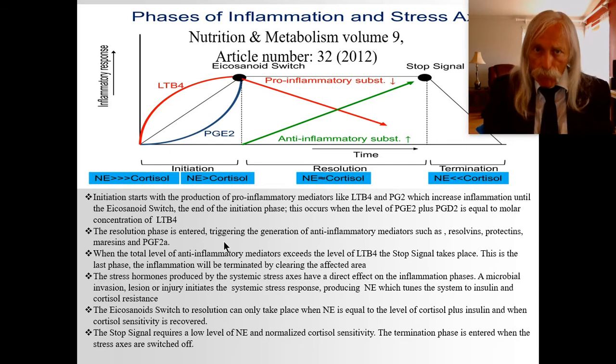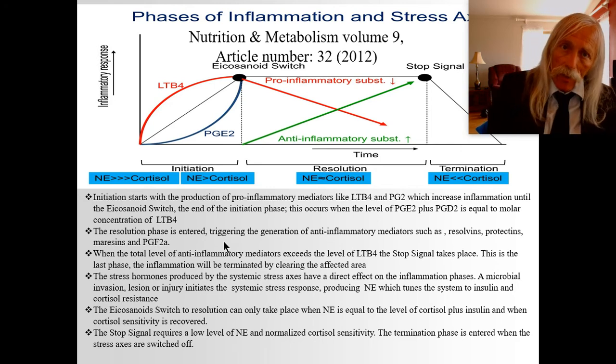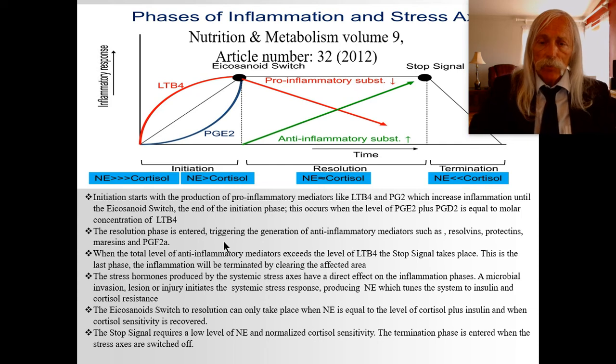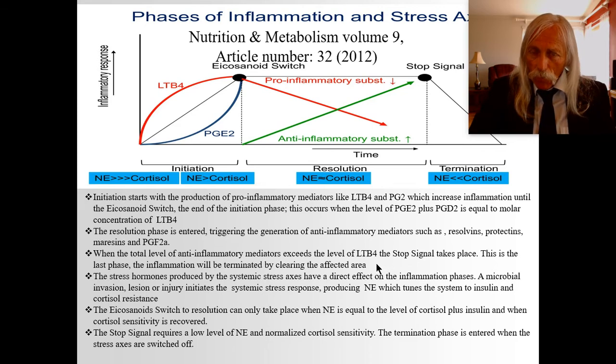Some of them are pro-inflammatory, like LTB4, and some of them are anti-inflammatory, like this derivative PGF2 alpha. Okay? And of course, that's a COX product, cyclooxygenase product. Total level of anti-inflammatory mediators exceeds a level of LTB4. You see, that's a really pro-inflammatory local. Stop signal takes place. This is the last phase.